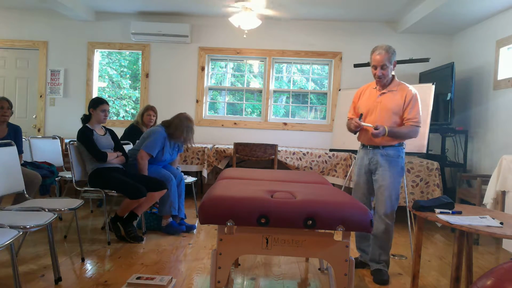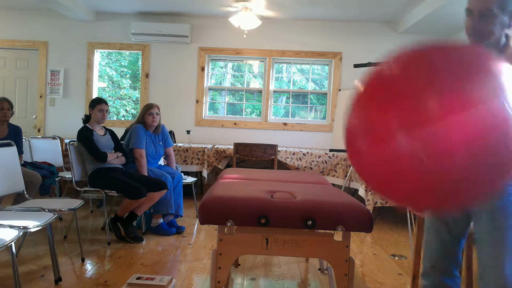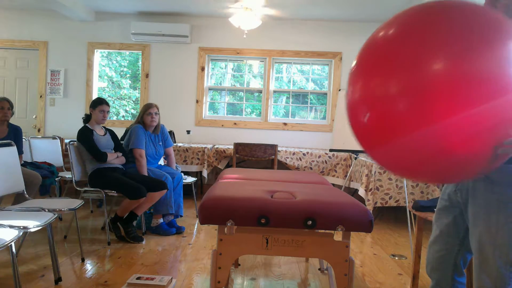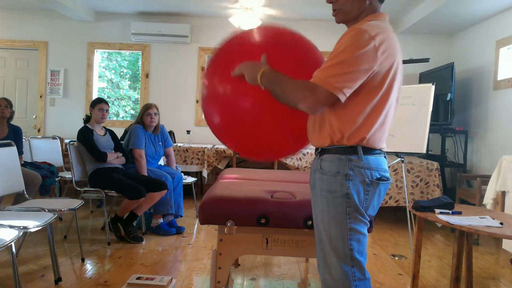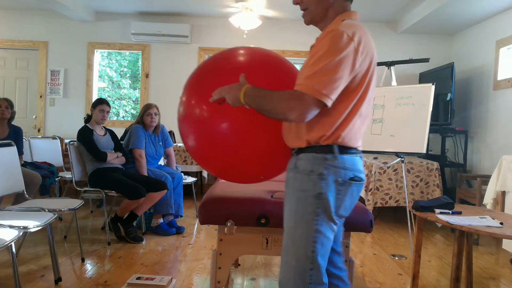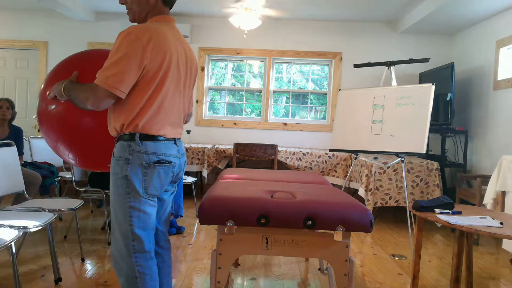The easiest way to do that is to get one of these exercise balls that you can get at any Academy Sports, Target, anywhere. Don't buy the cheapest one, buy the one that's a little bit more expensive. It's called an SDS, slow deflating system.